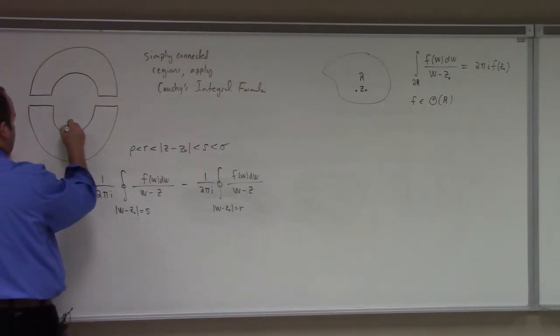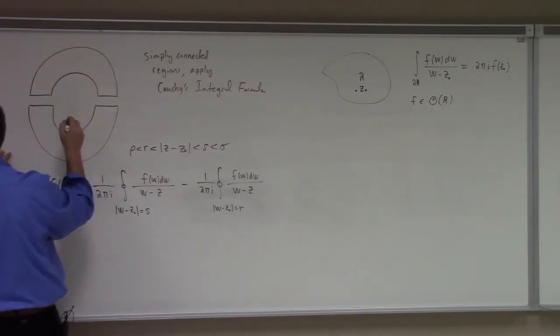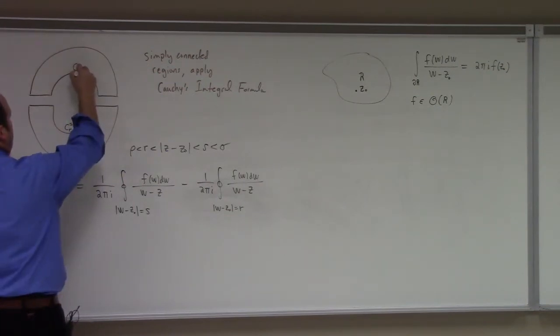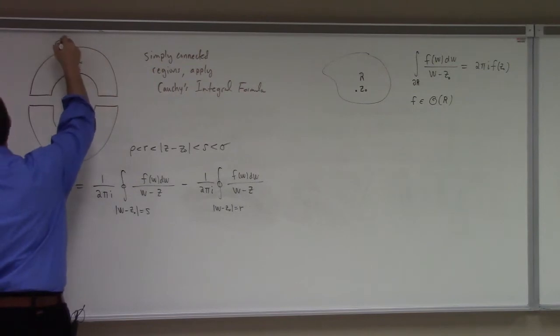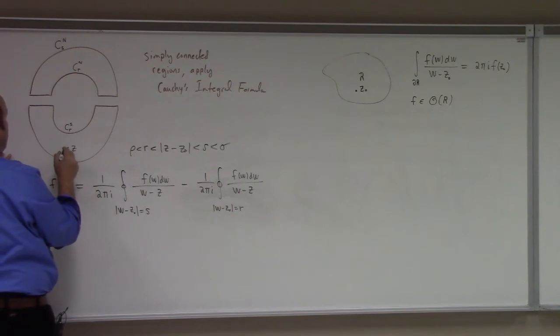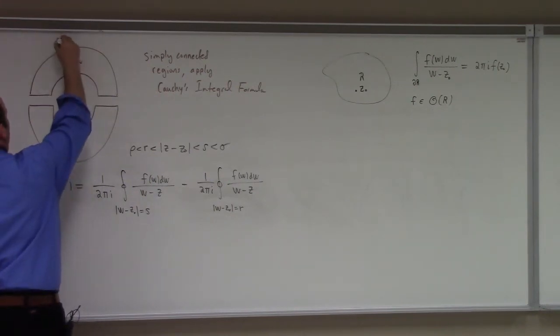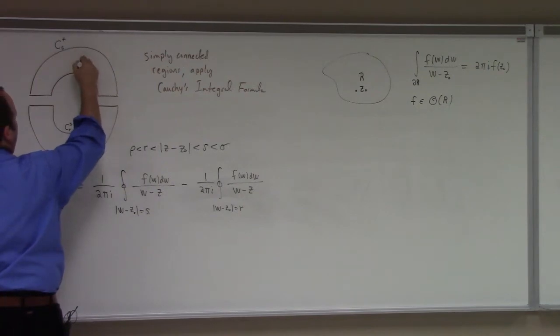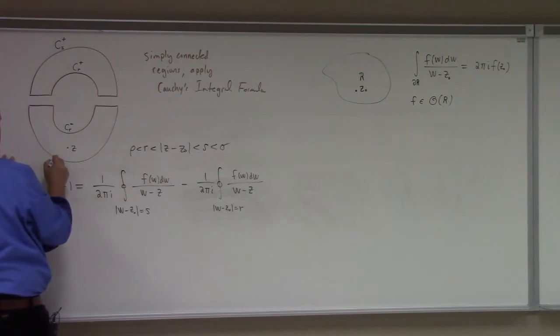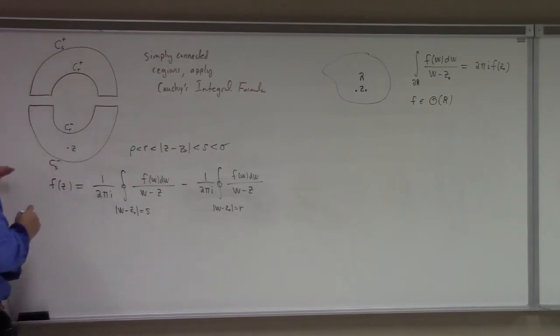This is CR, this is CR south, this is CR north, this is CS north, this is, oh, this is stupid. Let me use plus and minus because I've already used S for, you see why. I was about to use CSS, which, I mean, fine, you could, but whatever. Anyway, the lower and upper half.